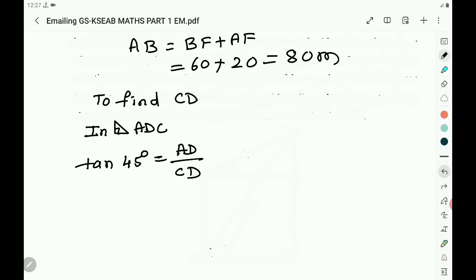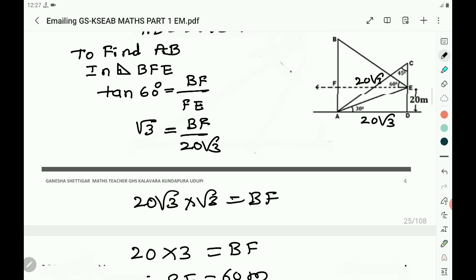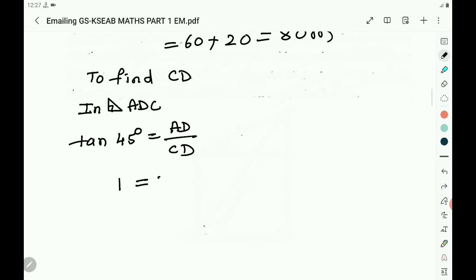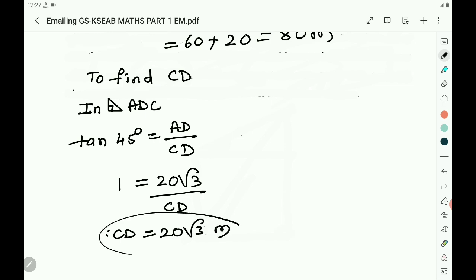Tan 45 is 1. 1 is equal to AD, AD is 20 root 3, by CD. CD is to be found out. Then CD is equal to 20 root 3 meter. That is the height of the building.